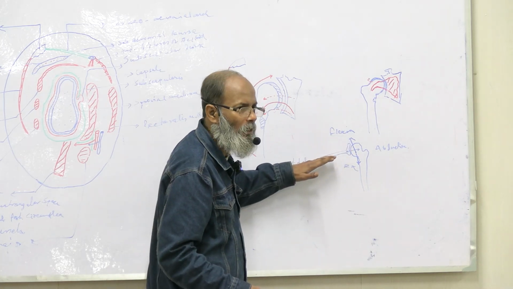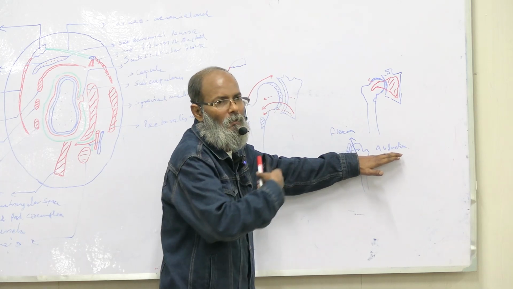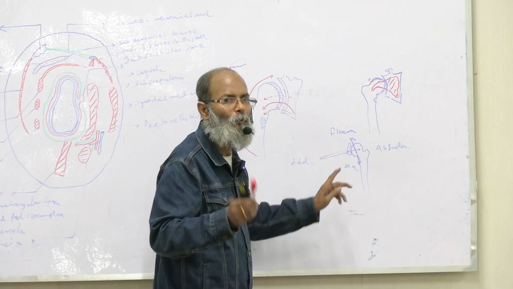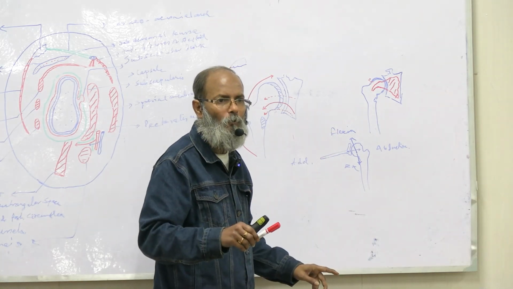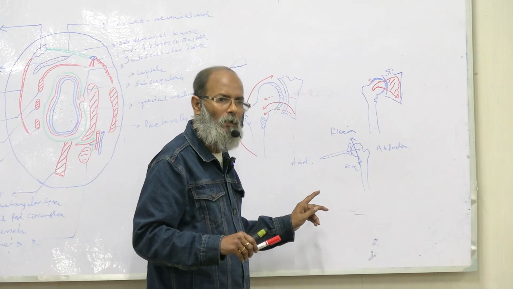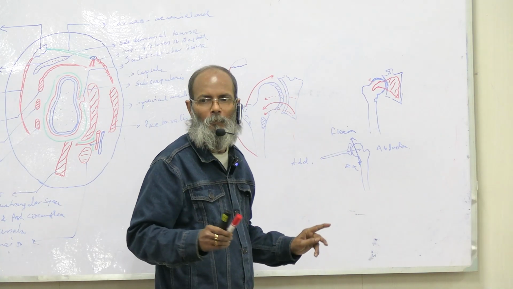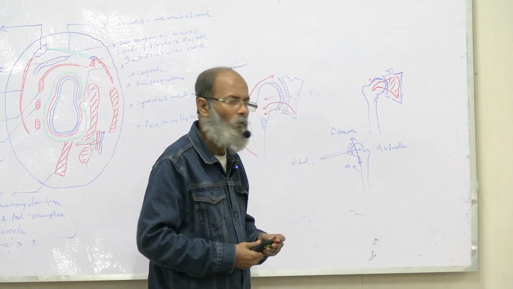Right? So flexion and extension are perpendicular to the plane of the body of the scapula, and adduction and abduction are parallel to the body of the scapula.